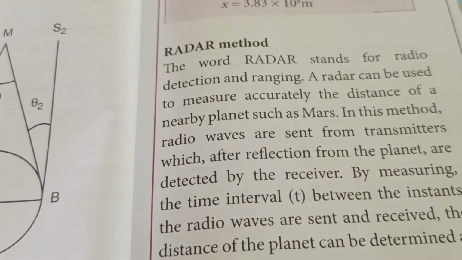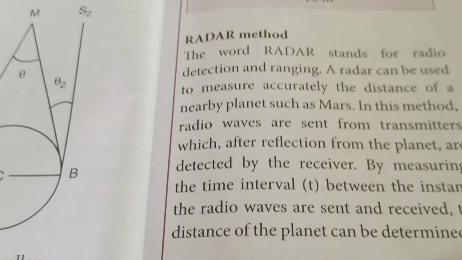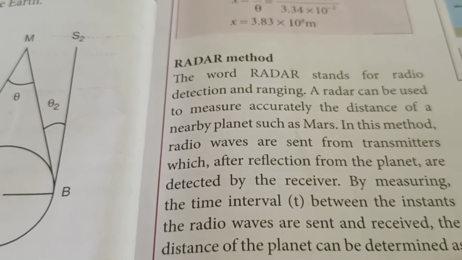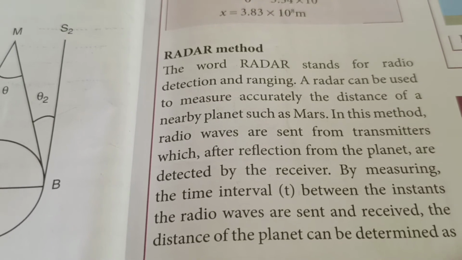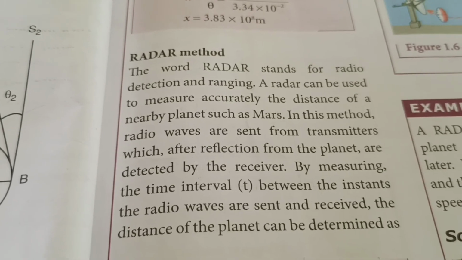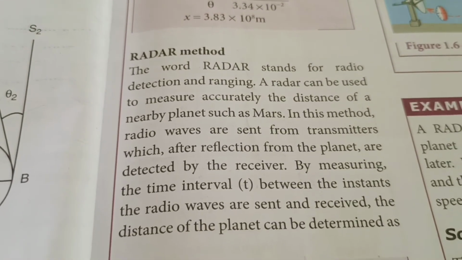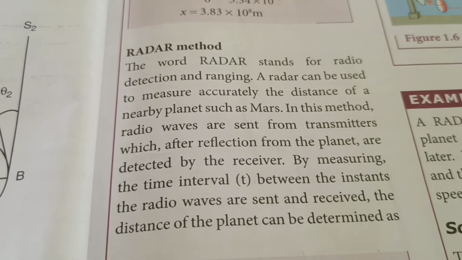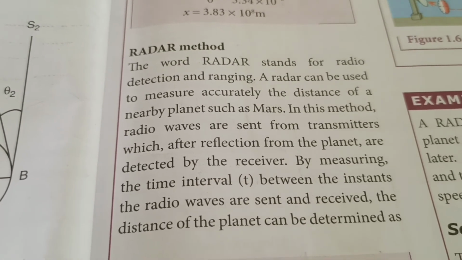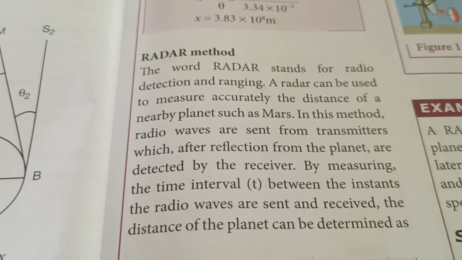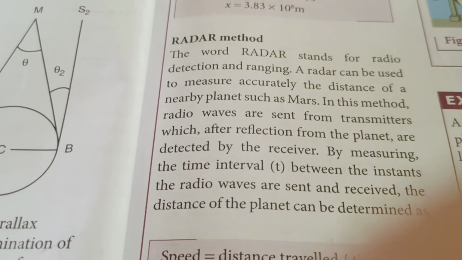Then the radar method. This is a 5-mark or 3-mark question. Radar stands for radio detection and ranging. A radar can be used to measure accurately the distance of a nearby planet such as Mars. In this method, radio waves are sent from a transmitter, which after reflection from the planet are detected by the receiver.